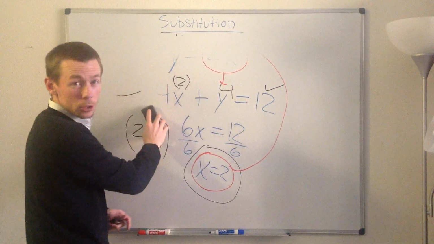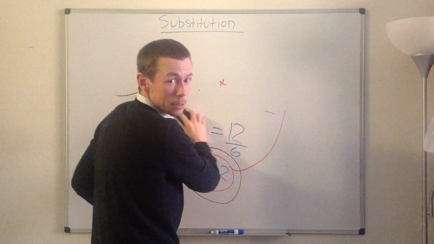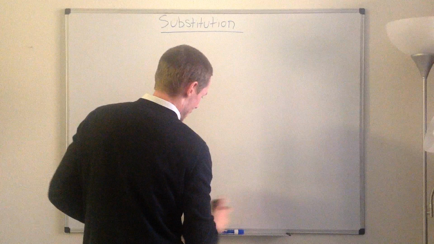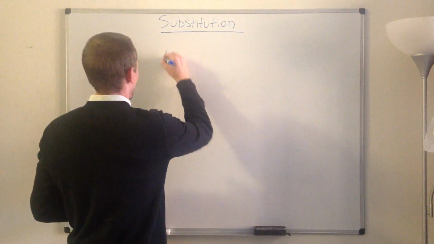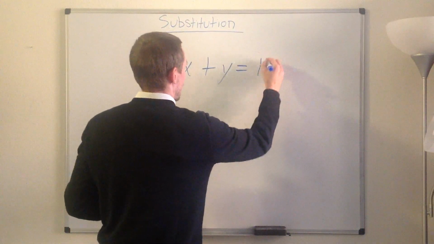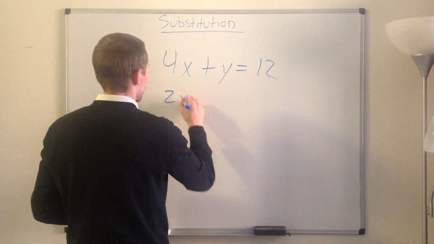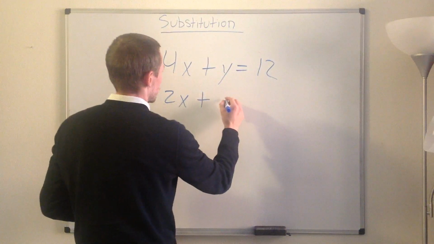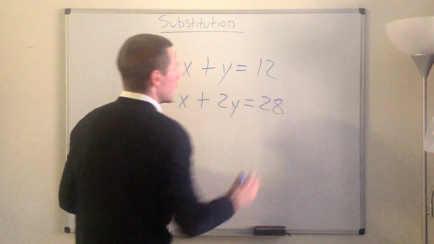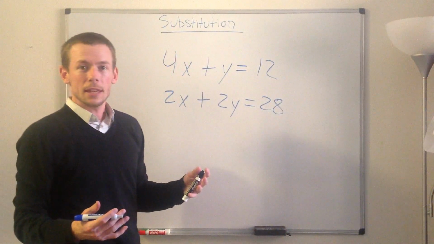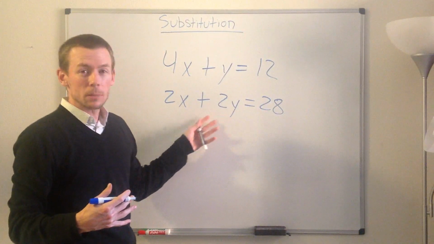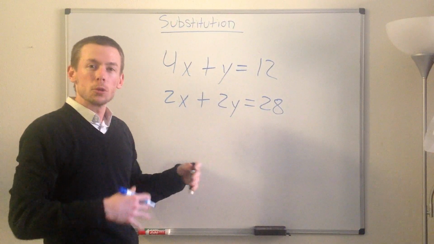So, if you were to encounter something like this, let me show you here in a second. If you were to encounter something like this, right off the bat, you couldn't do any real substitution because we don't have any of the variables by themselves.